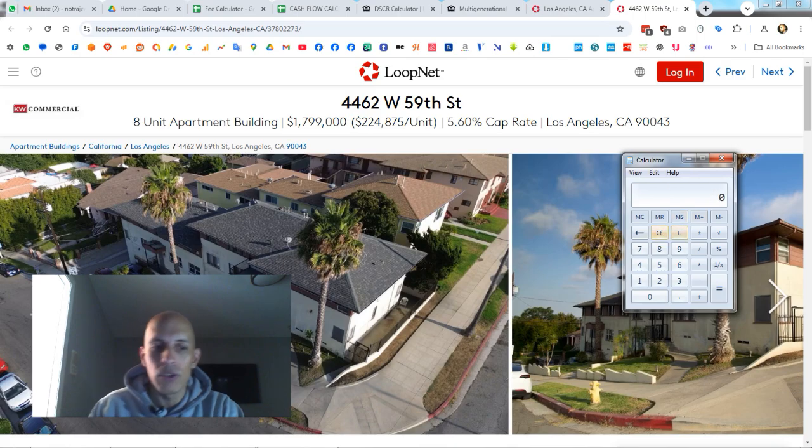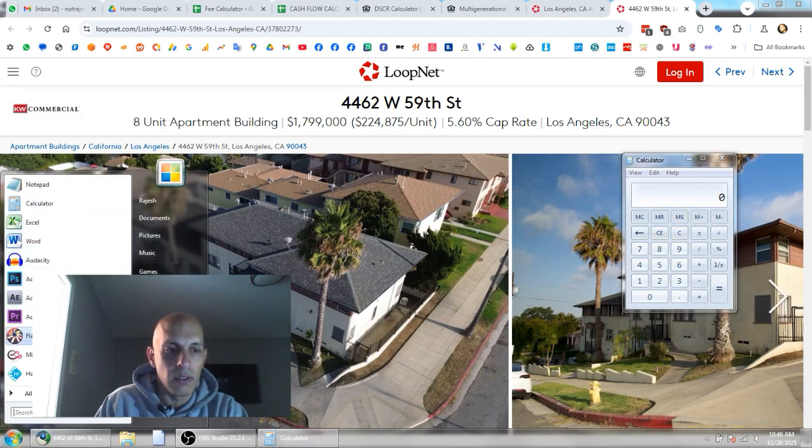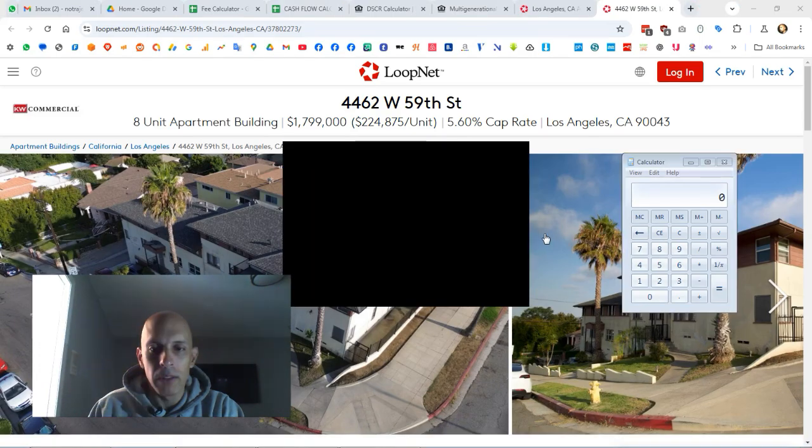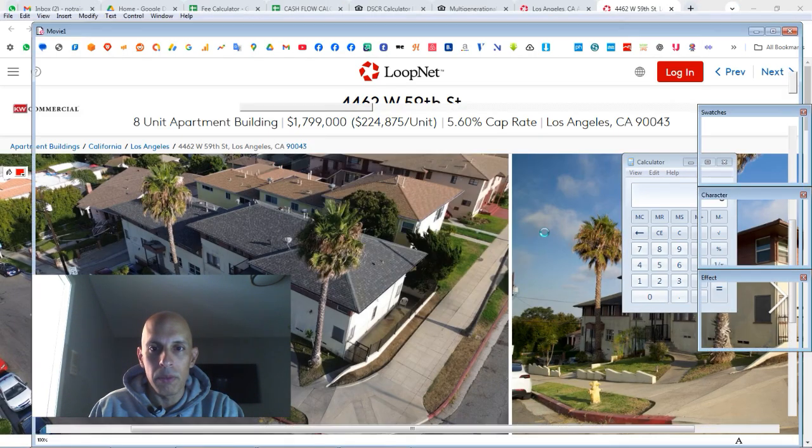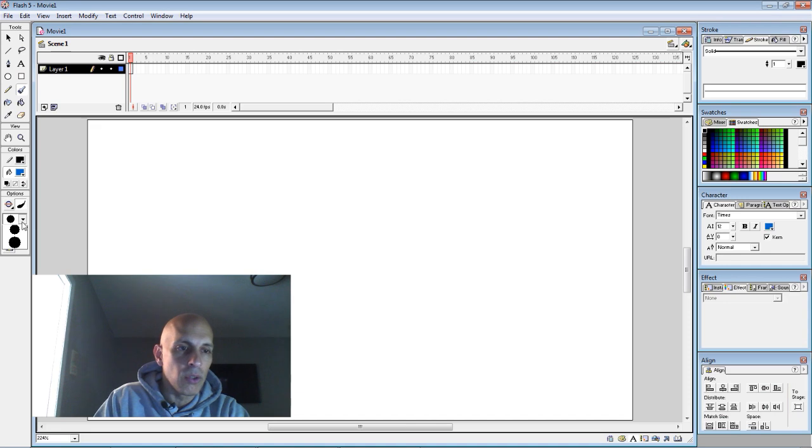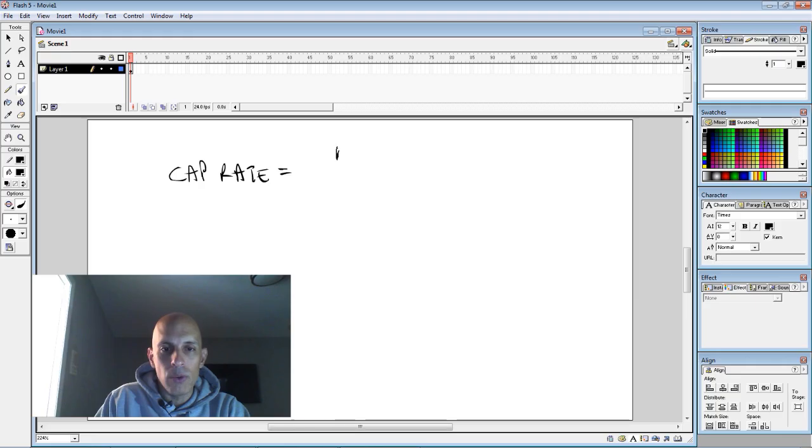Here's the formula drawn out, because I'm a visual person, and I figured some of you might be too. So let's see what that looks like. Cap rate is equal to annual NOI over purchase price.